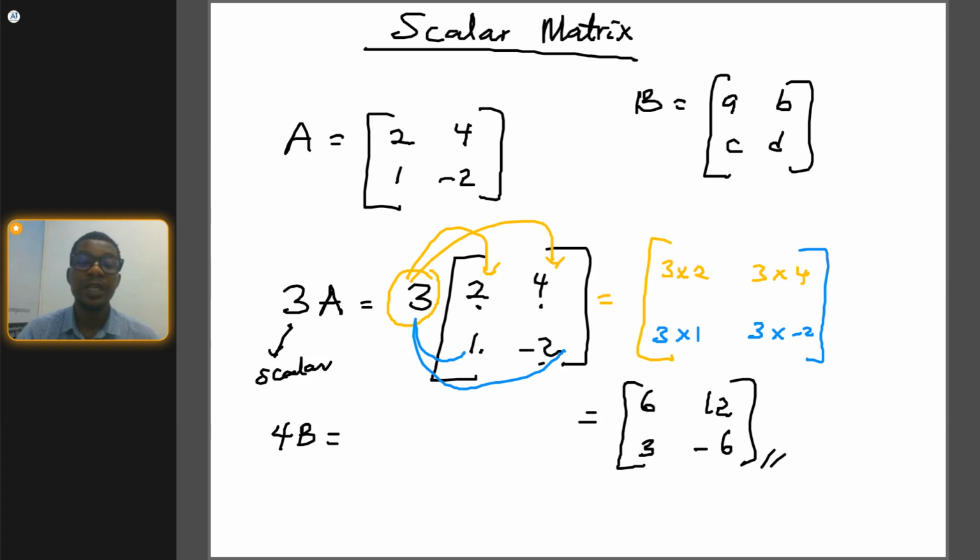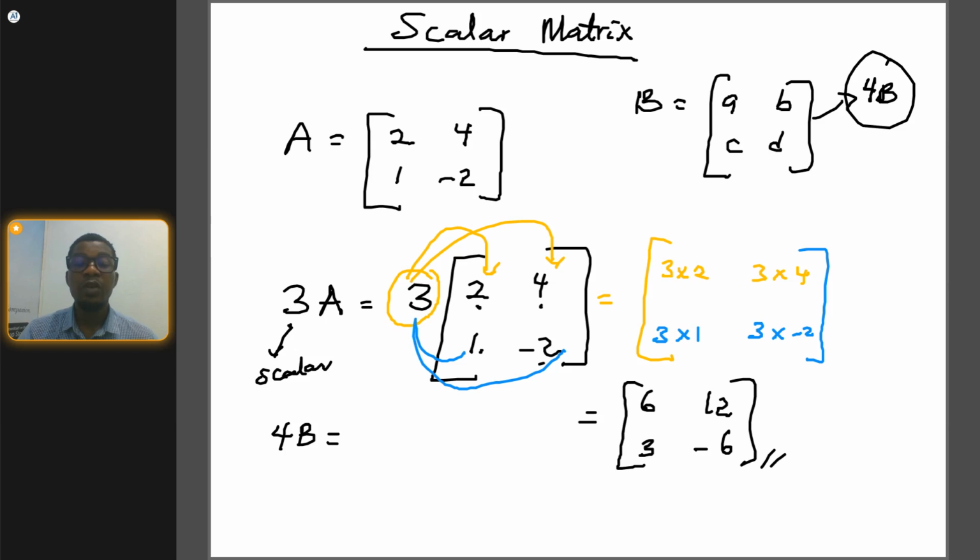Solve this and give me your response in the comment section. Given that B equals A, B, C, D, solve the scalar multiplication of 4B, and drop your response in the comment section on YouTube.